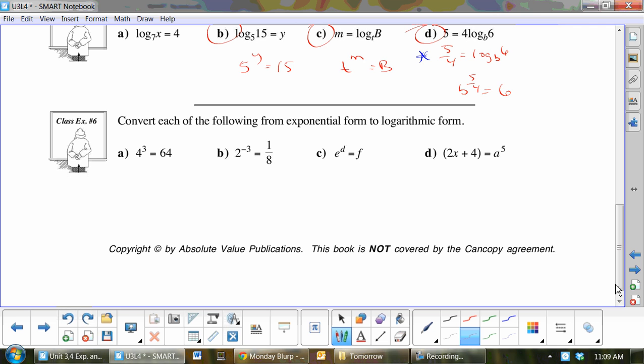Okay. So we're going to do A, C, and D. Now we're going to change from exponential to log form. Okay. Is there any Prince in here? Oh, she's absent on me. Okay, Sienna.